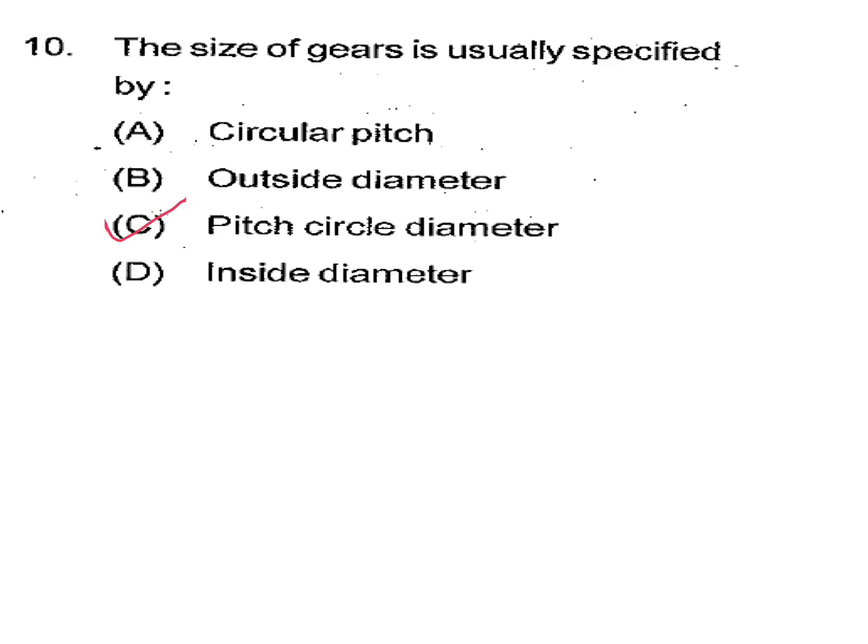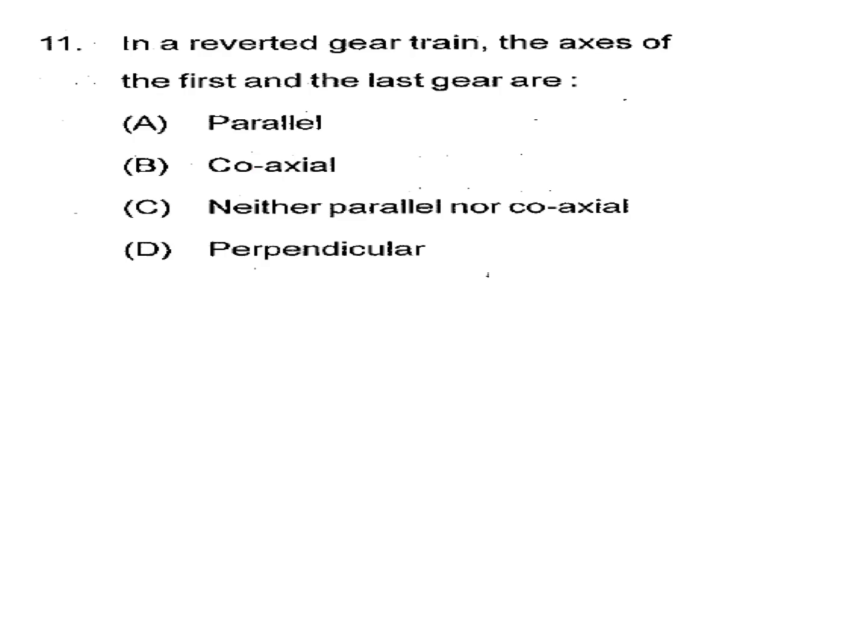In a reverted gear train, the axes of the first and the last gear are, this one also asked in ISRO 2017 paper. I will draw the figure.